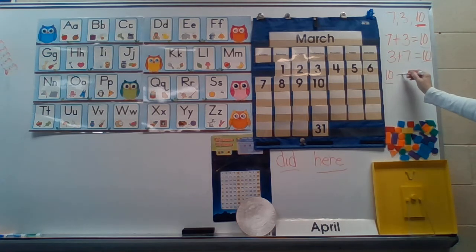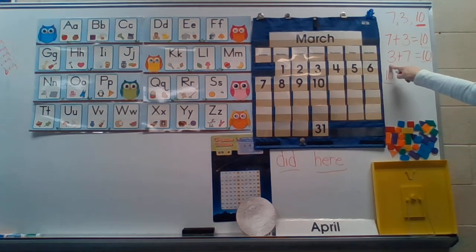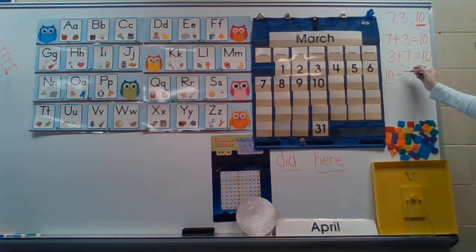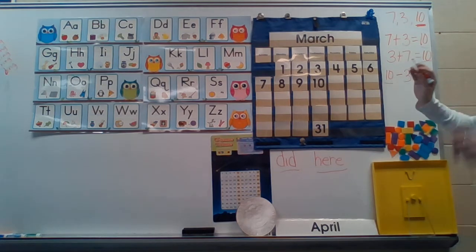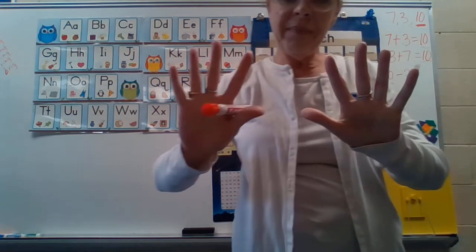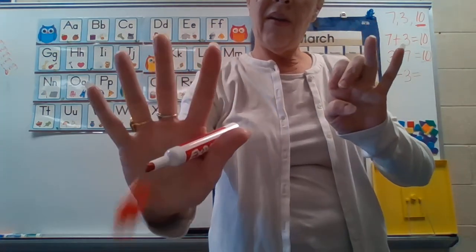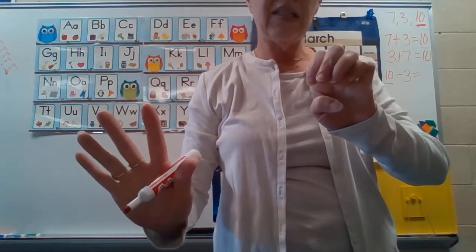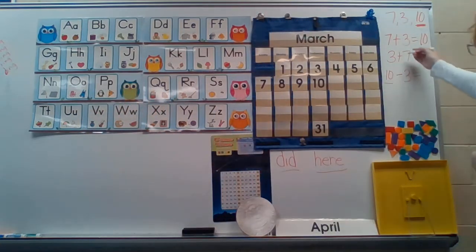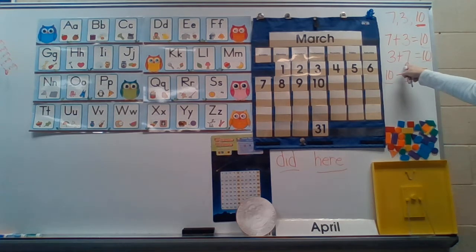I'm going to take one of the parts away. I'm going to pick 3 first. I've got 10, and I take 3 away. 1, 2, 3. Then I've got 5, 6, 7. Should have 7 left. Is that my other part up here? Yep. Now I use the same 3 numbers, 10, 3, and 7.